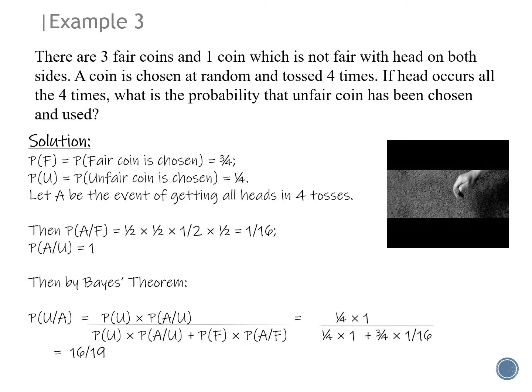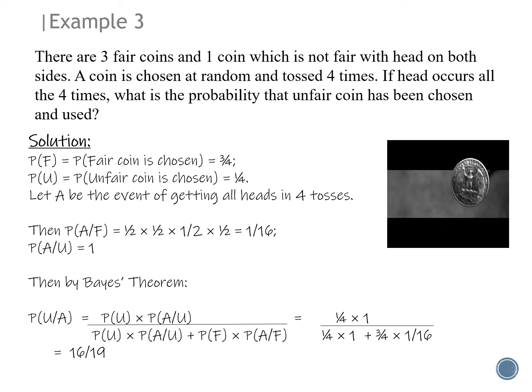Solution. Let F denote the coin is fair, and U denote the coin is unfair. Now we find probability of F. Here, out of 4 coins, we have to choose 1 coin. So, exhaustive number of cases is 4C1, and favorable number of cases, out of 3 fair coins, we have to choose 1 fair coin. That can be done in 3C1 ways.